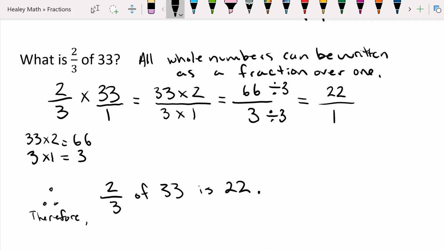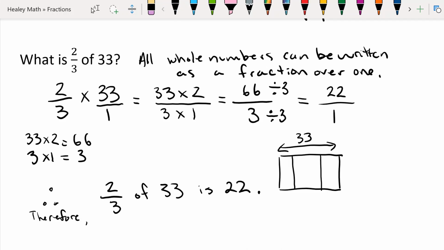And if you imagine you had 33 and you broke it into 3 even parts, well, each of these parts, let's draw a little proportion here, each part must be 11.